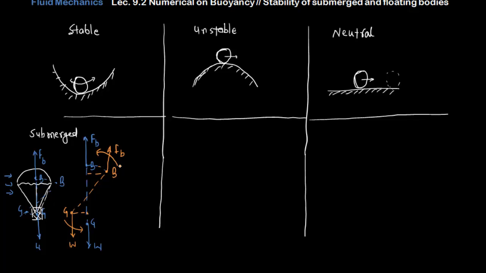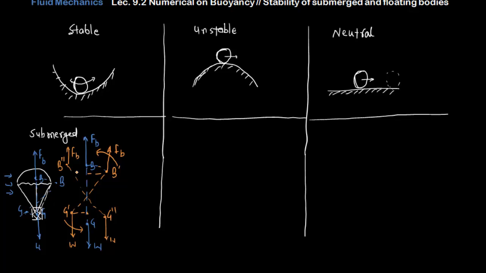If I say this is B dash and G dash, then B dash is trying to approach B and G dash is trying to approach G. When the point goes to this side, let's suppose this is B double dash, the buoyant force will act here, and this is G double dash, and the weight will act here.